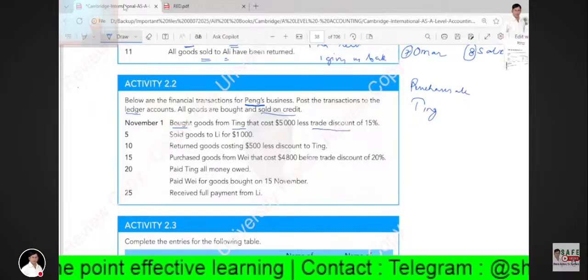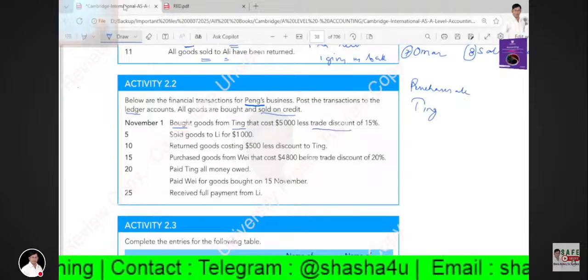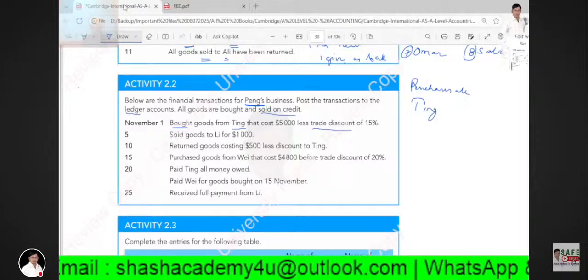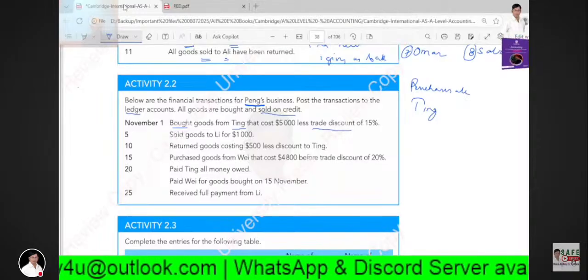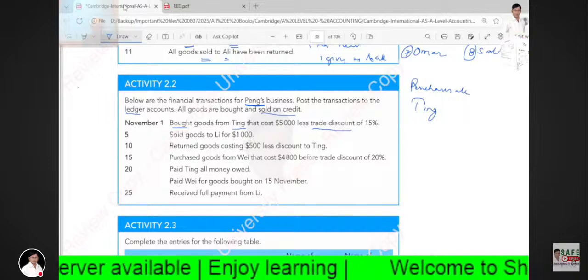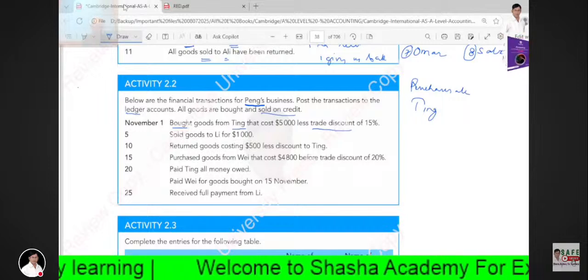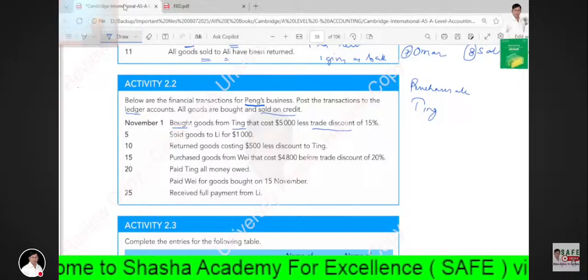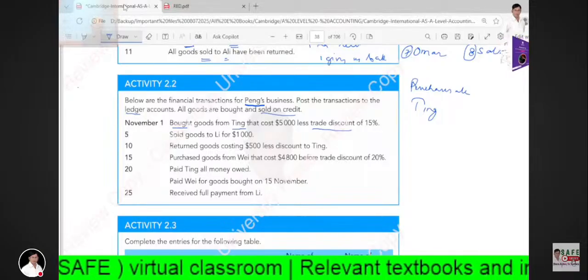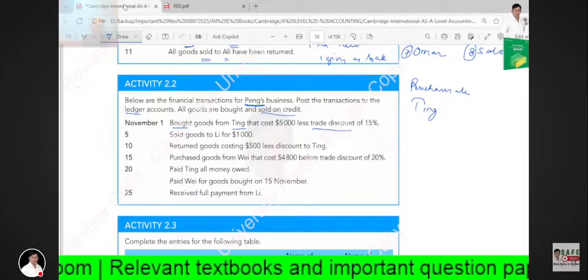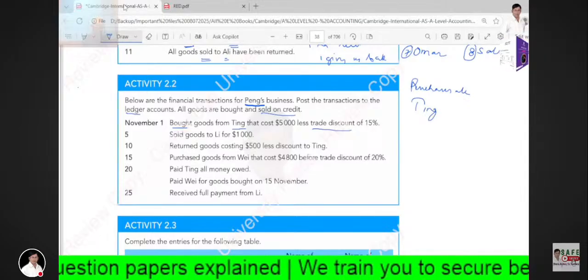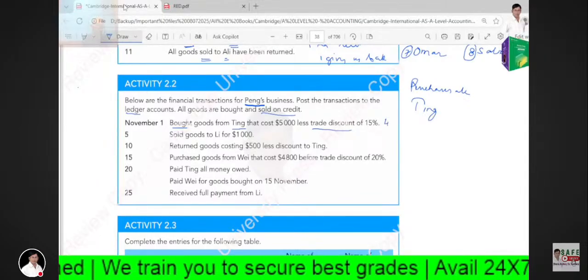Should we create a trade discount account? No, never. Trade discount is never shown; the transaction is shown at the net of trade discount. 15% of 5,000 is 750, so the transaction will be shown at 4,250.